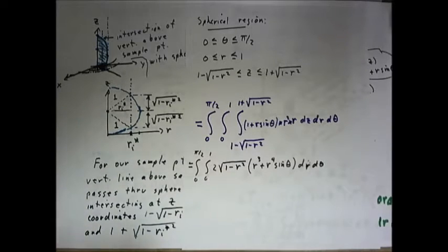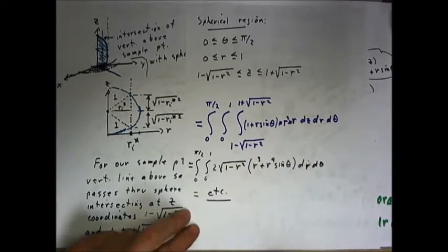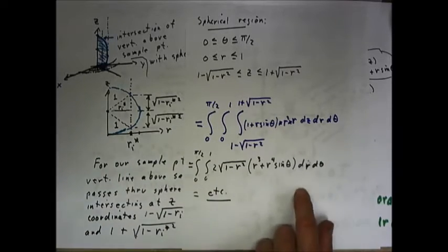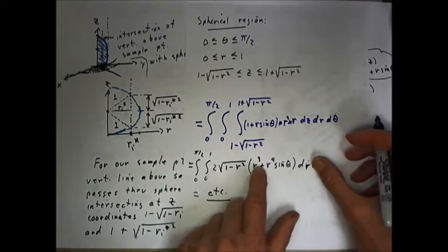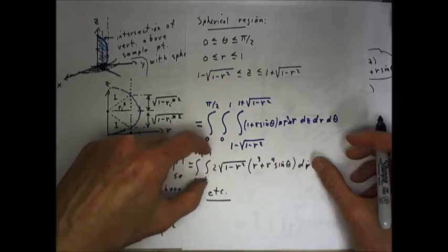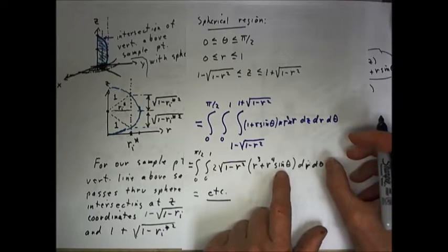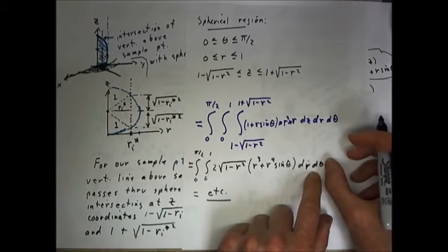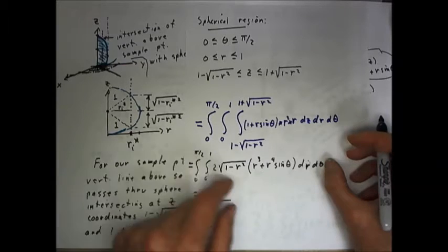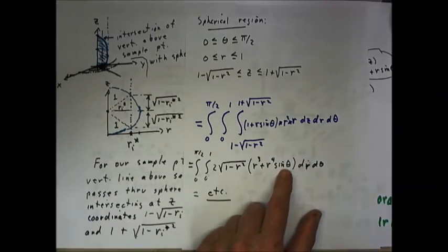But I'm going to stop at this point and say we just do this integral. We do have fixed limits, so once we get our antiderivative, it's going to be really easy to substitute our r's, and then we're going to have a variety of things. One thing we're going to have to integrate is a sine theta with respect to theta from 0 to pi over 2, but the antiderivative is negative cosine. That's going to be very easy.